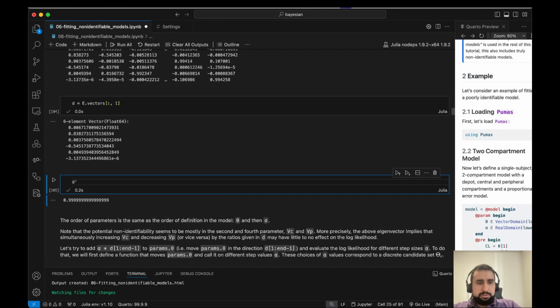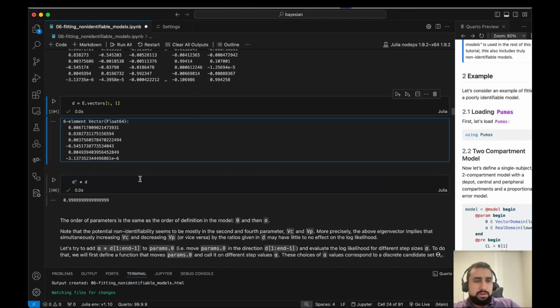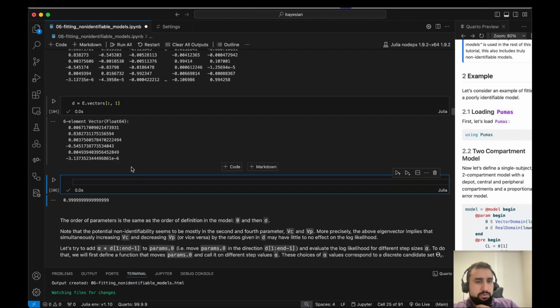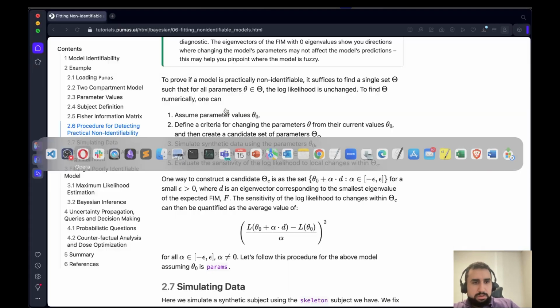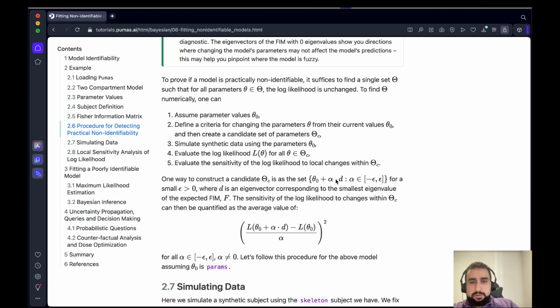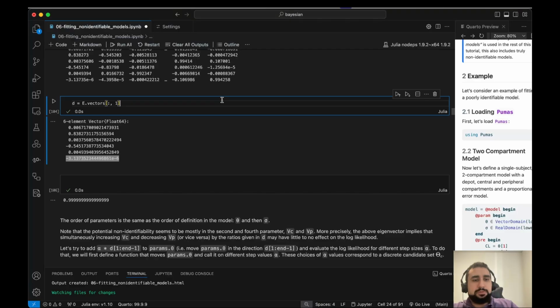The norm is also just D transpose times D, so that's very close to 1, where this here just means transpose, or the adjoint vector of D. So this is a normalized vector, and so this value here is very, very small, and we can safely ignore it. So when moving theta 0 along the direction D with a step alpha, we can safely just ignore the sigma, which is the last parameter.